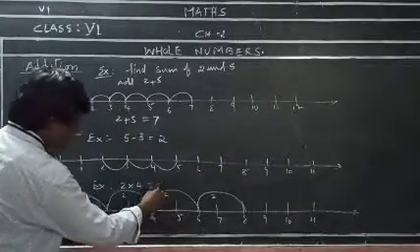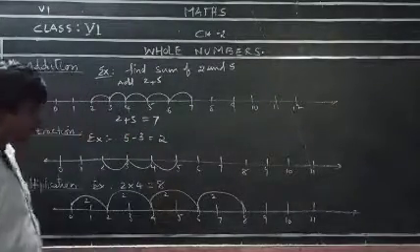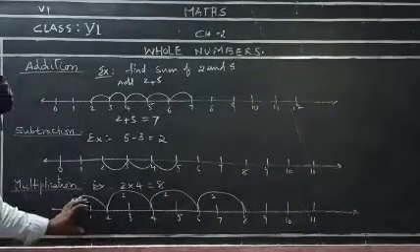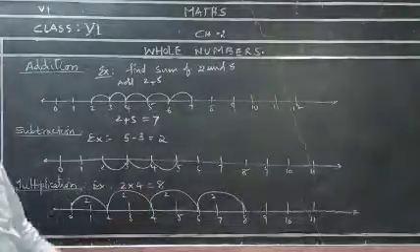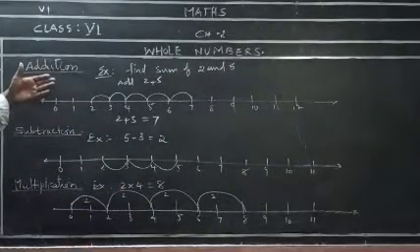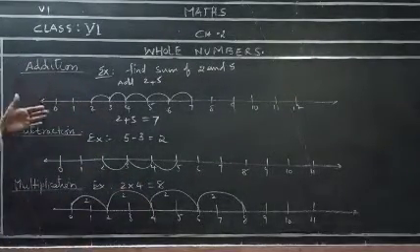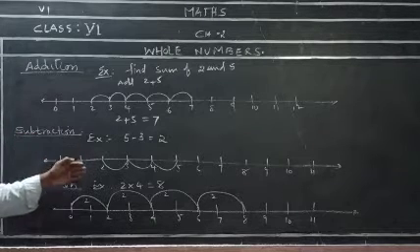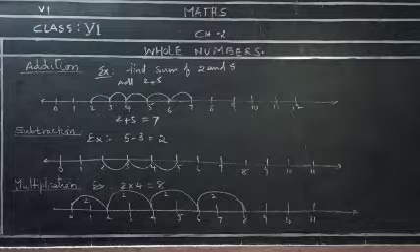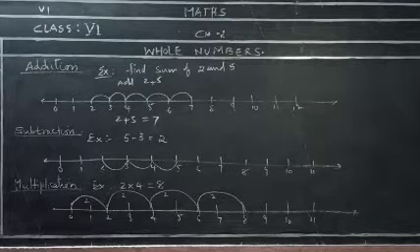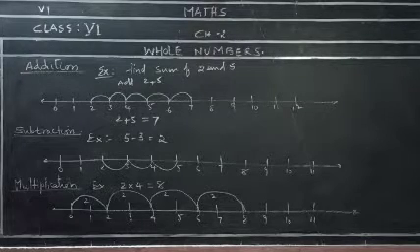So 2 times 4 is nothing but 8. In this way we represent multiplication on a number line. So this is the way to find addition, subtraction, and multiplication on the number line. In this way we represent the operations on the number line.